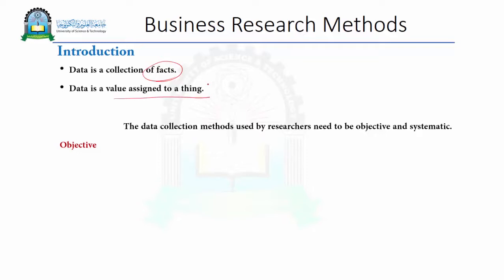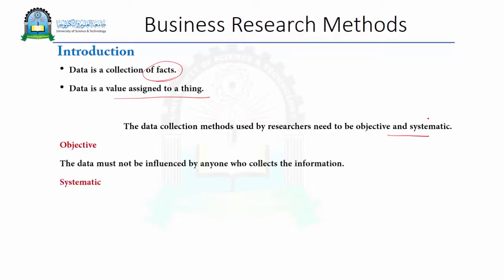So either it is a collection of facts or a value assigned to something. The data collection method used by a researcher needs to be objective and systematic, because it is related to collecting accurate data.